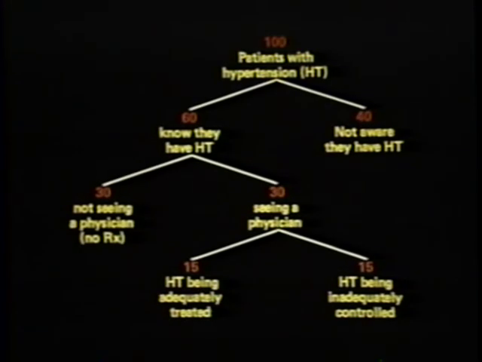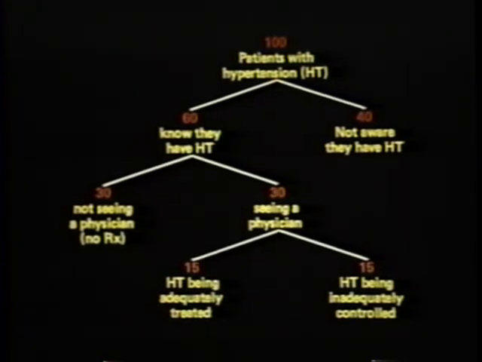Pays big dividends. I show this slide because this was the state of hypertension in this country back in 1972. For everybody with hypertension in 1972, only about 60 of them knew that they had it. 40 were not aware that they had hypertension. Of the 60 who knew they had hypertension, 30 were not seeing a doctor, and of the 30 seeing a doctor, only 15 were having that blood pressure adequately controlled.